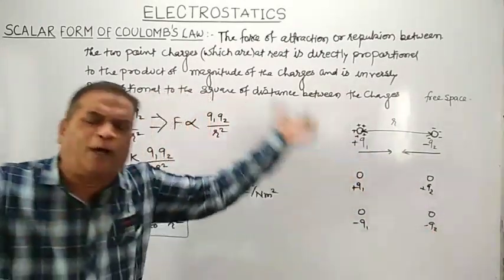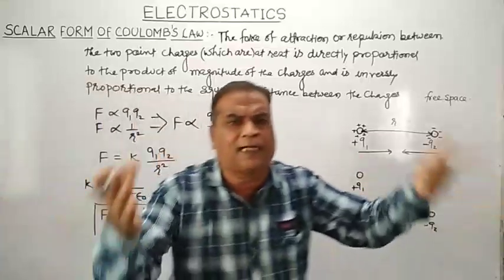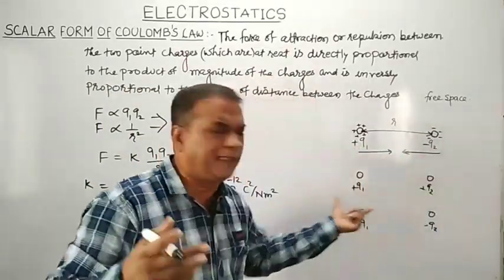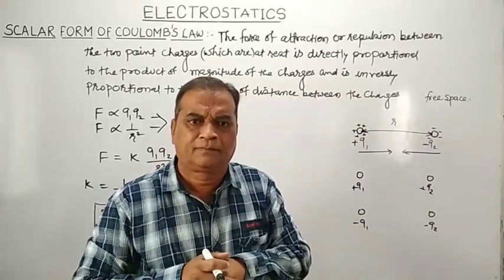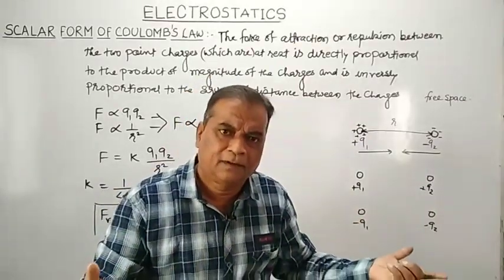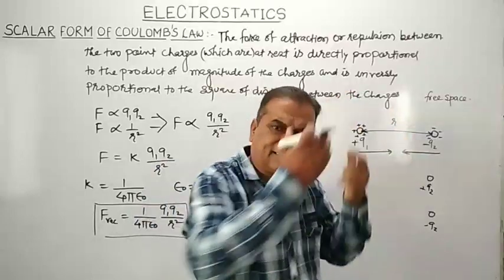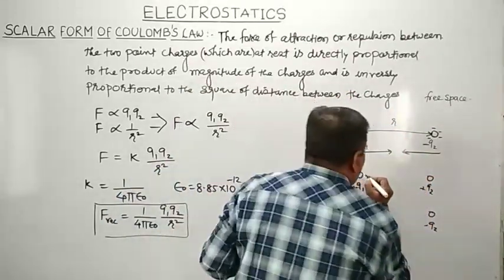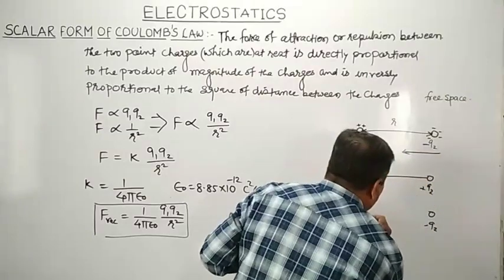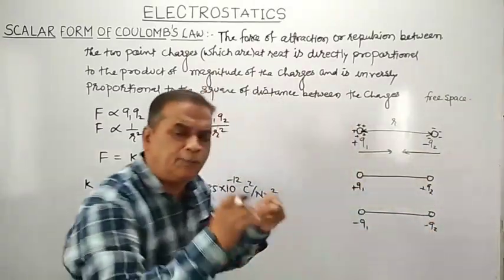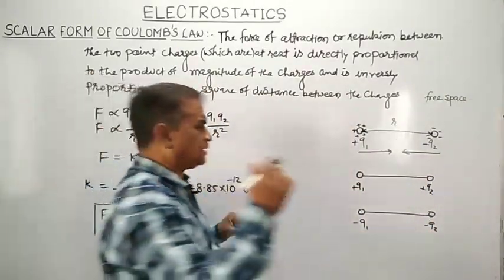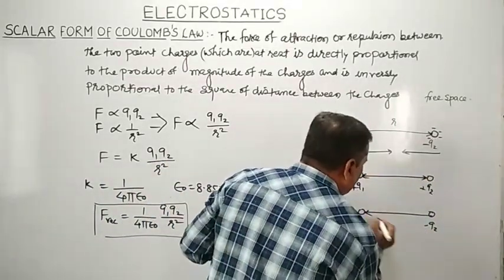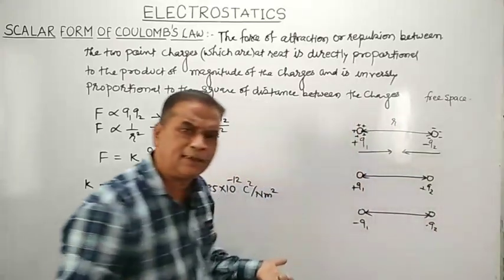So when the two point charges are like charges, maybe positive positive or negative negative, at rest, separated by a finite distance r and kept in a vacuum, then even in this case the force between the two charges will act along the line joining them.